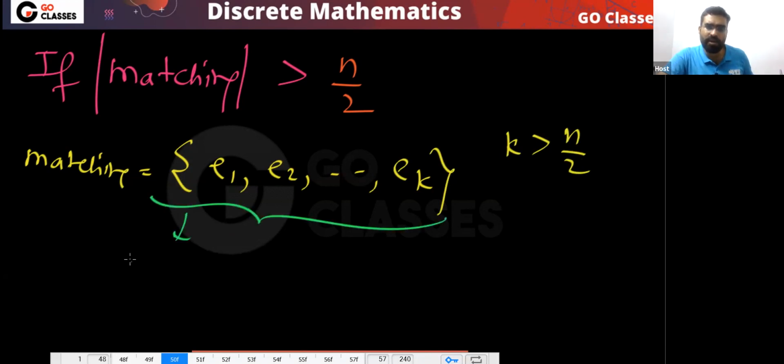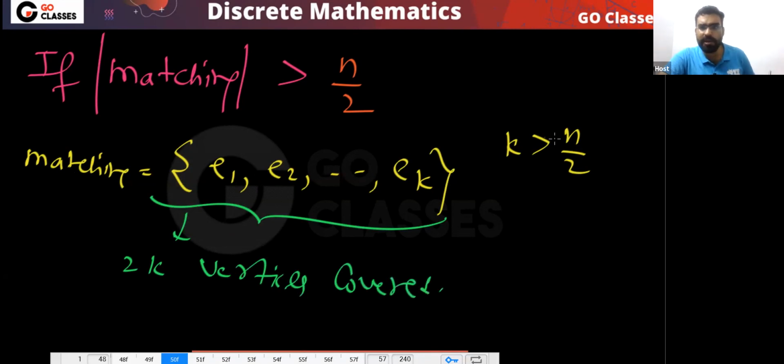How many vertices are covered? 2k vertices covered. And k is greater than n by 2.